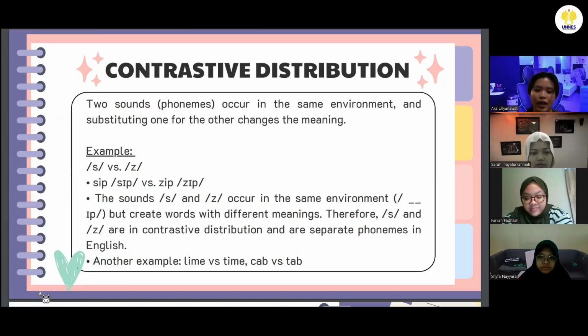The sounds S and Z occur in the same environment but create words with different meanings. Therefore, S and Z are in contrastive distribution and are separate phonemes in English. Another example, lime versus time and cap versus tap.